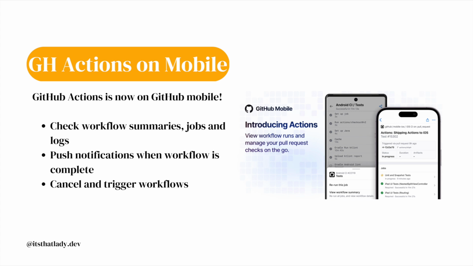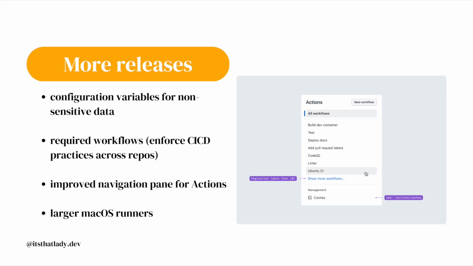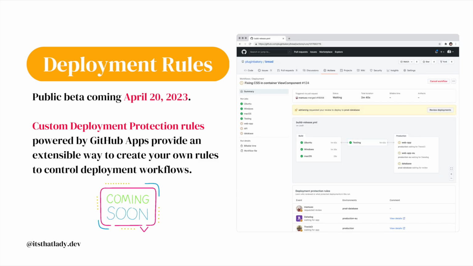And even more releases. Recently, we launched configuration variables, we launched required workflows, and we improved the navigation pane for Actions, and we also launched larger macOS runners. So next week, we're launching the custom deployment protection rules, where you can provide your own rules to control your deployment workflows.